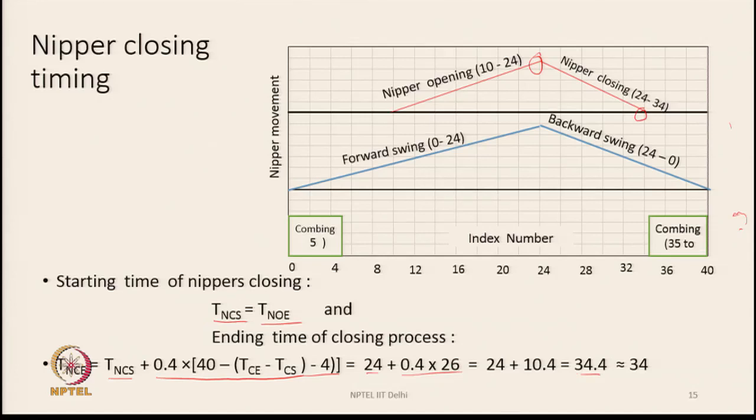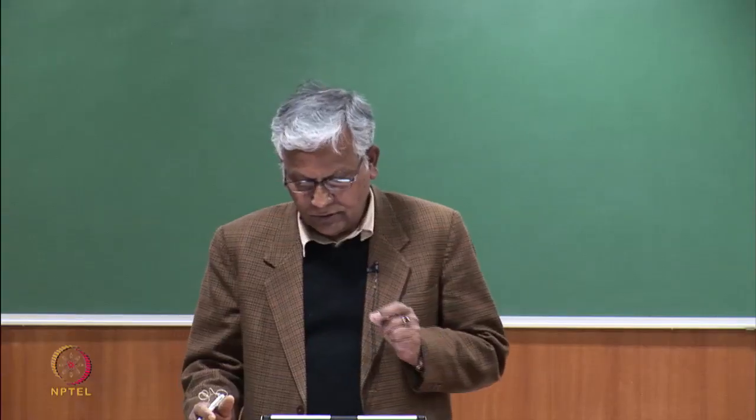If we start combing at 35, we must close the nipper by 34 or by 33. We can also close it at 33 or 32, but in that case the closing will be very fast. So we have a timing available, theoretically between 5 and 35, when I can gradually open the nipper and then gradually close the nippers also.